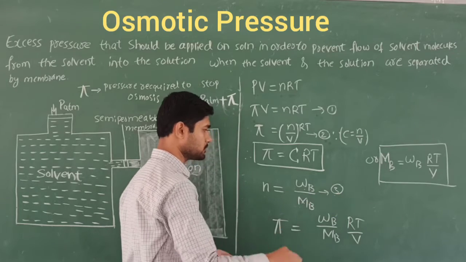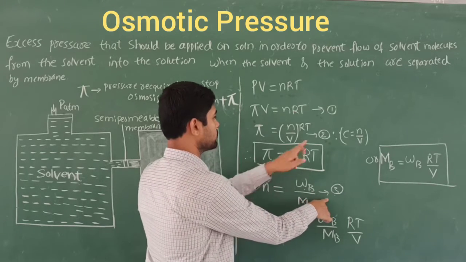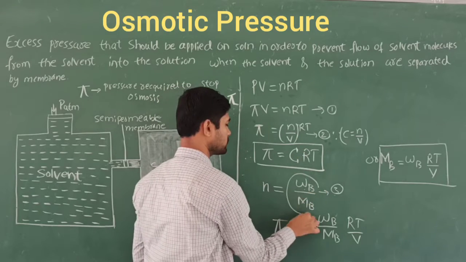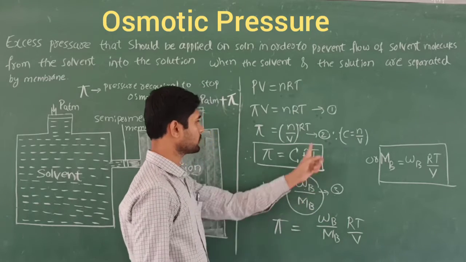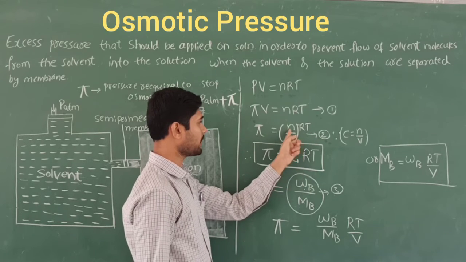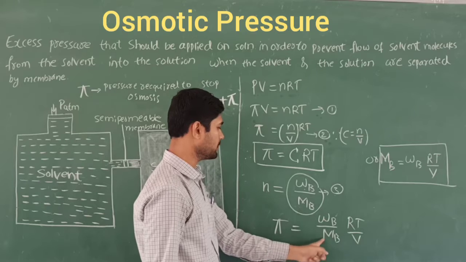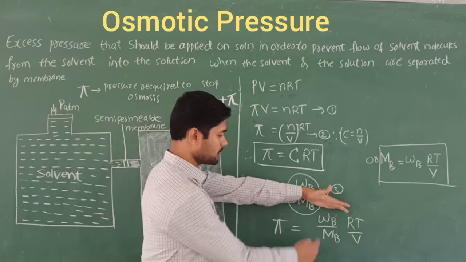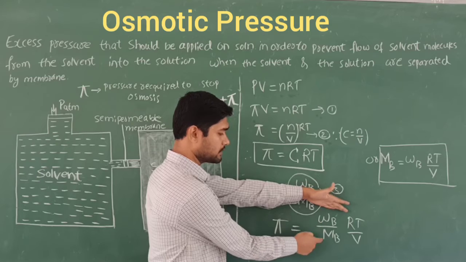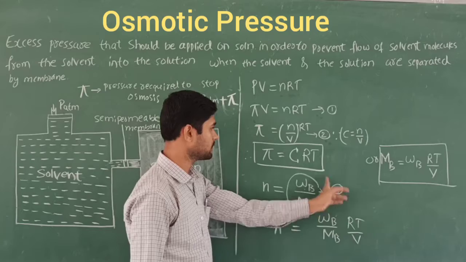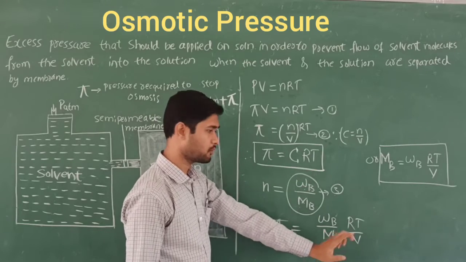Now I am going to substitute equation 3 in equation number 2. Where this n is there, I am going to put this value WB by MB. Therefore from the second equation, pi is equal to, instead of n I am going to write WB by MB, into denominator volume V, and the remaining RT I am going to write here.